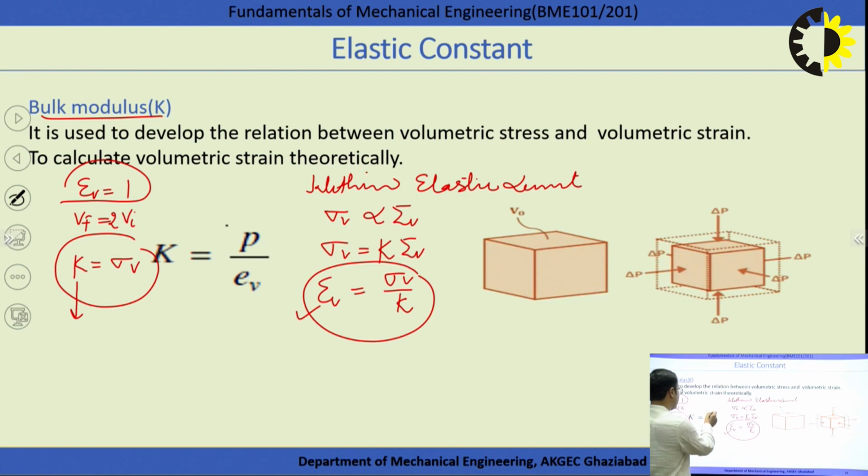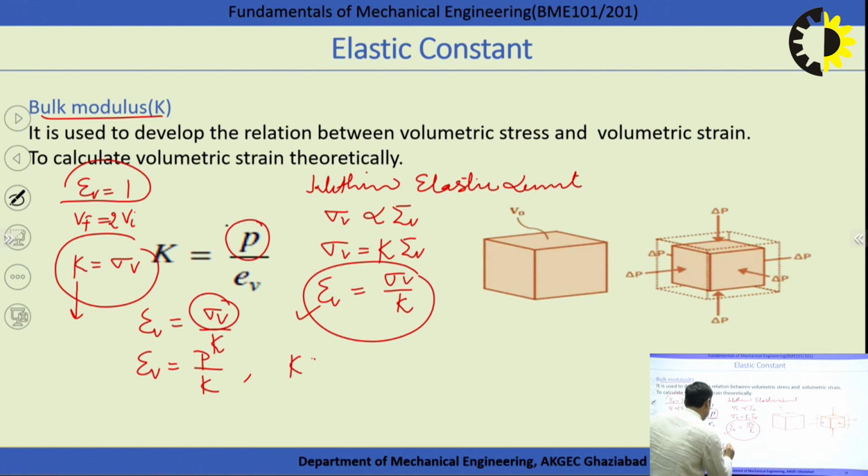So that's why we represent it by pressure. You can write epsilon V is equal to sigma V by K. In place of sigma V we can put pressure, because sigma V is nothing else but P. So divided by K, K is equal to P over epsilon V, and epsilon V is the change in volume to the original volume, right?